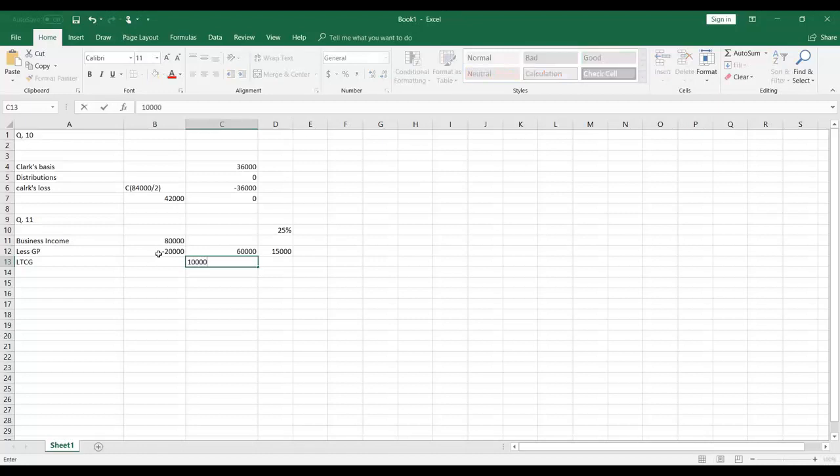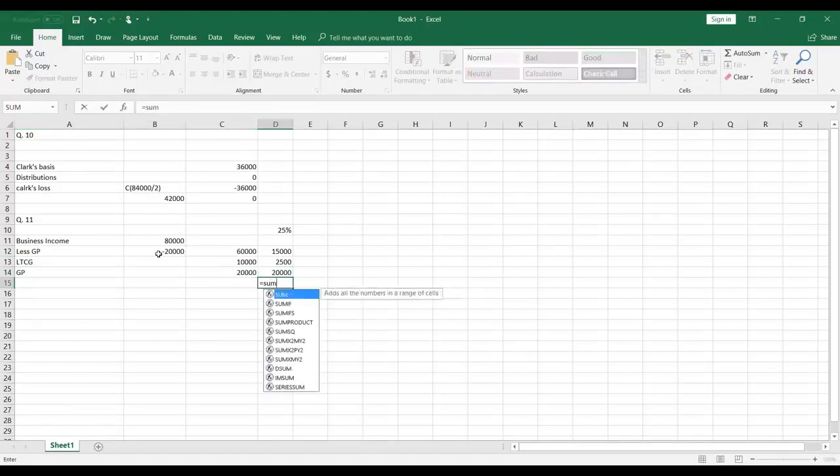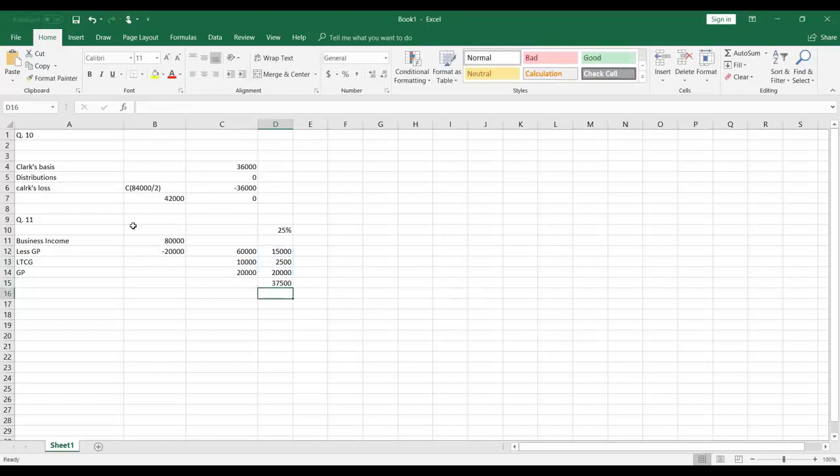So 25% of that, 2,500. What else does she get? Guaranteed payments, right? She gets 100% of the guaranteed payment, because it's only distributed to her, right? So what's her total income? $37,500 is her total income.